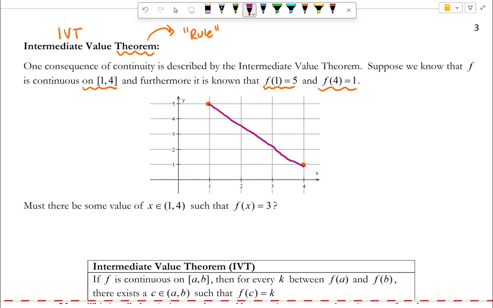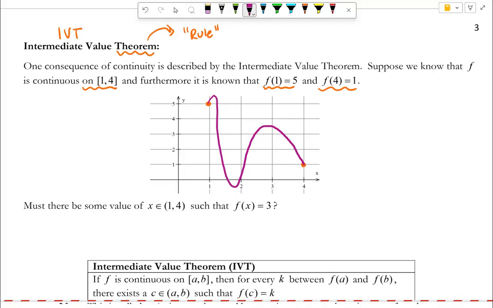That could be the case. Or maybe it's curvy, like maybe it kind of looks like that. The fact of the matter is we have no idea what that function looks like. We only know two values, and we know the function f is continuous from 1 to 4.